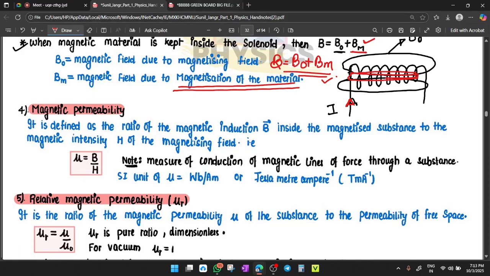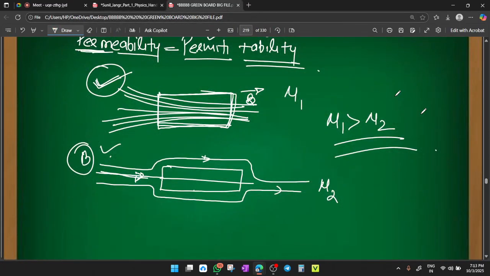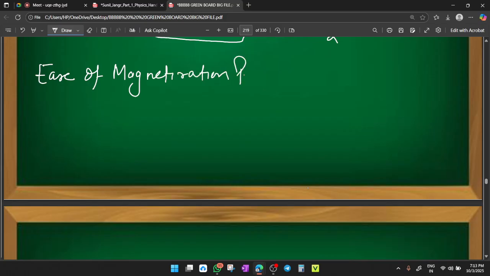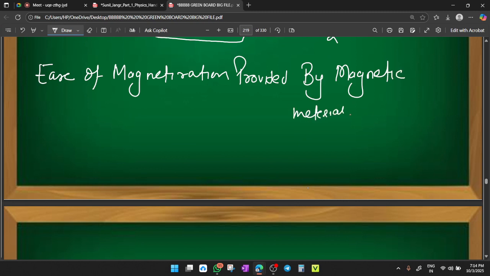So magnetic permeability means it is the ease of magnetization provided by the magnetic material. Ease of magnetization. Right? Ease of magnetization.